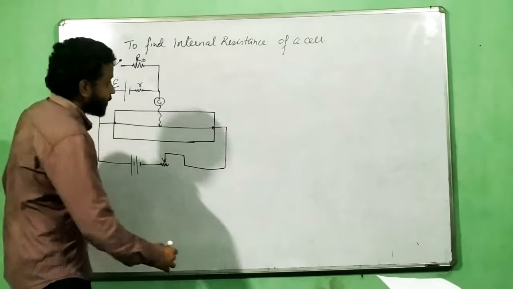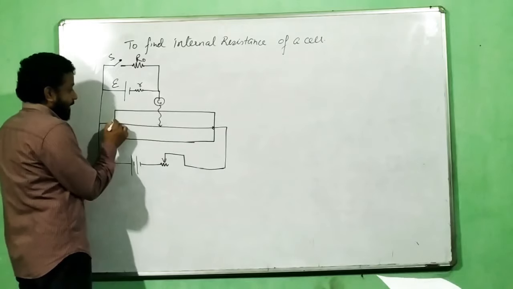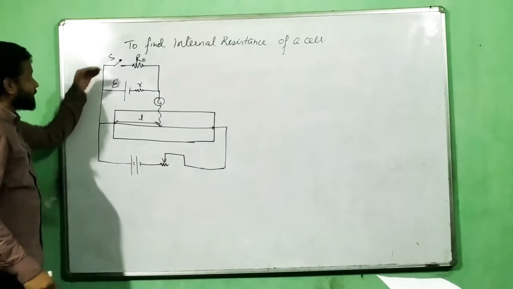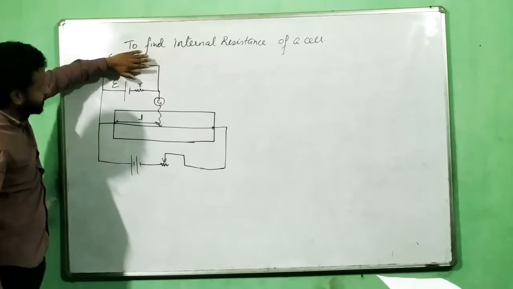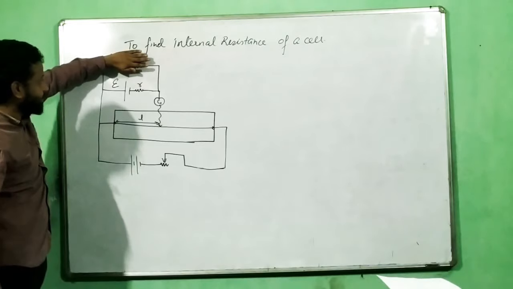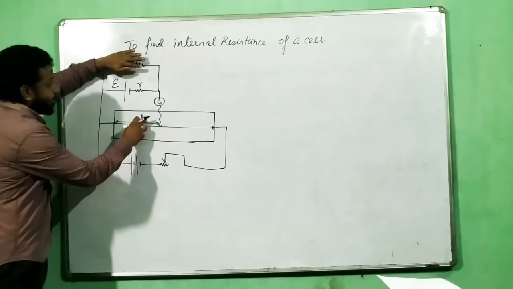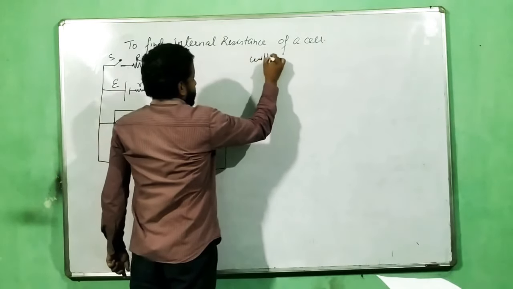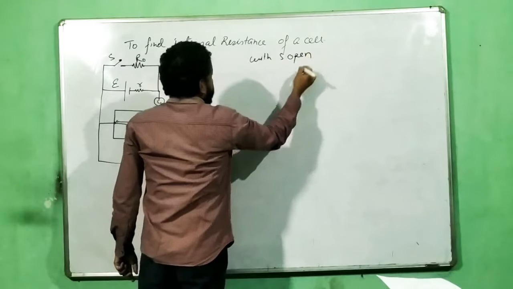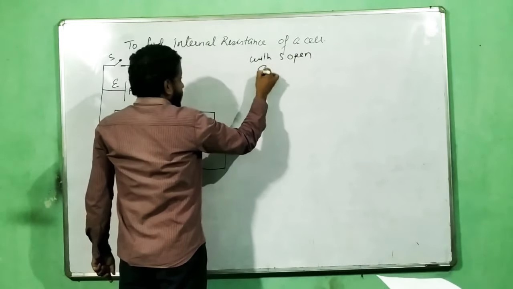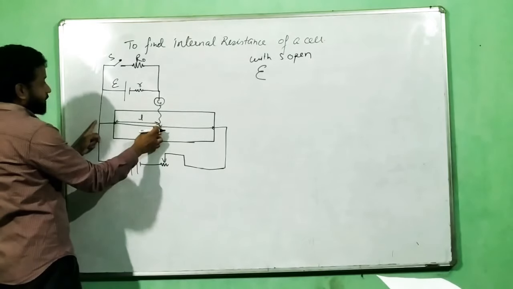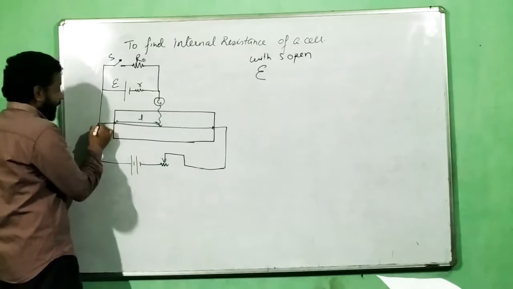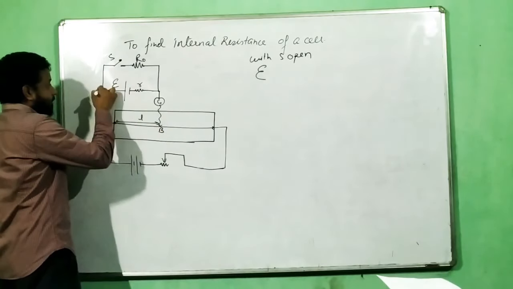So let's think of it this way, let us say L is the balancing length when the switch S is open. Switch S is open means this part is not there. That means L is the balancing length for EMF E. So with S open, the potential drop across this and the potential drop across this must be the same.